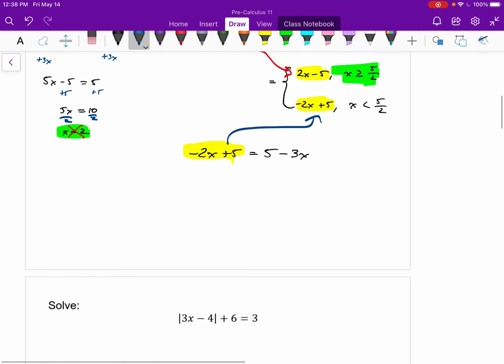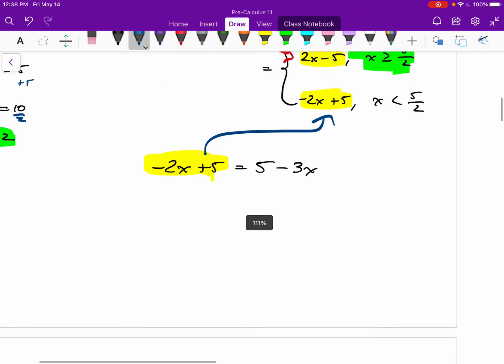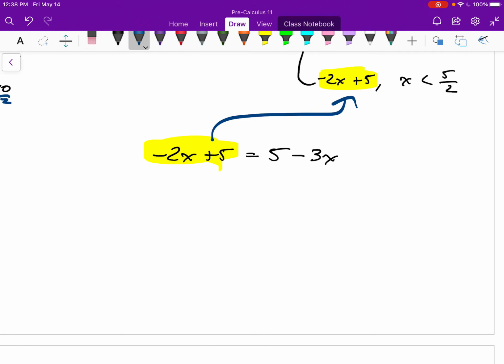Again, in itself, this is easy to solve. I would add 2x to both sides, so I get minus x on this side, and I would subtract 5 from both sides, so I get 0 on this side. And so if 0 equals negative x, that means x equals 0. And again, if I solved that a little too quickly, fair enough.